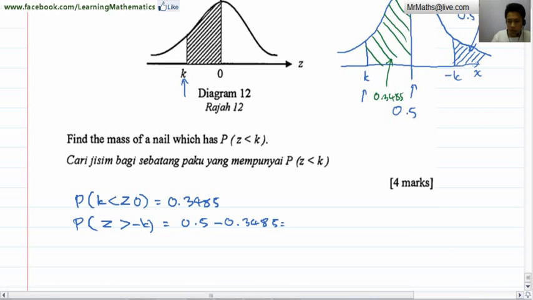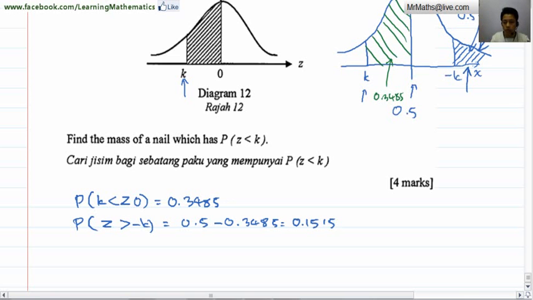You probably need to open up your textbook again to find out why and how. Now that is the probability of Z higher than minus k, which is this area over here.